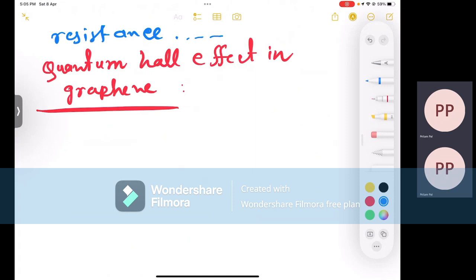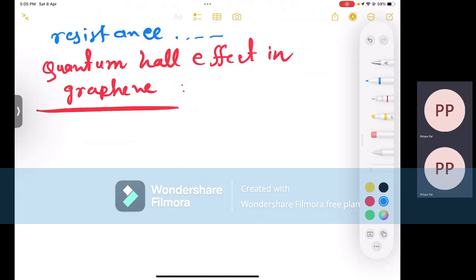So the quantum Hall effect in graphene is quite different from that in the two-dimensional electron gas, right? And it's quite an interesting example to consider because the electron spectrum of graphene resembles that of relativistic particles, right?